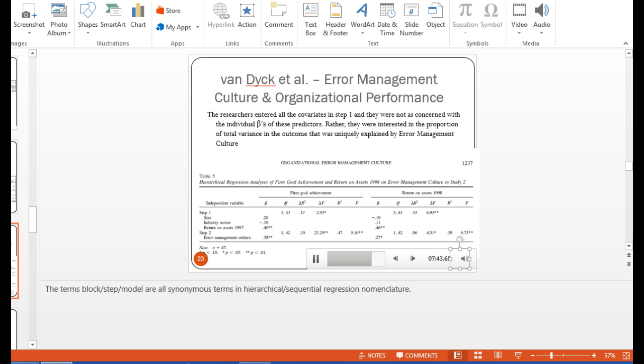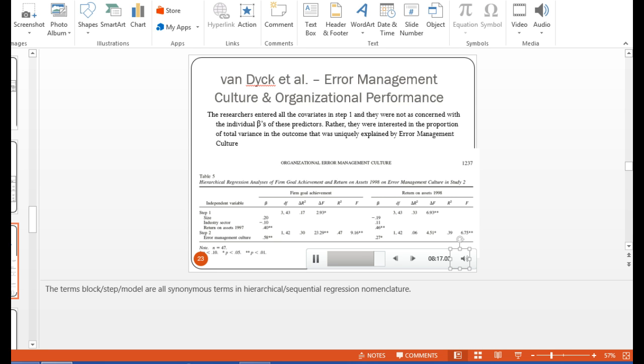Okay, so we have the change in R squared from block 1, or step 1, which is the covariates, and then we have the jump in R squared due to adding error management culture in the second block or step. And that is 0.30, which is a pretty good number. I mean, that's probably a lot. And so we have the change in F, which is not always reported in every table and every study either, but these authors chose to include it.